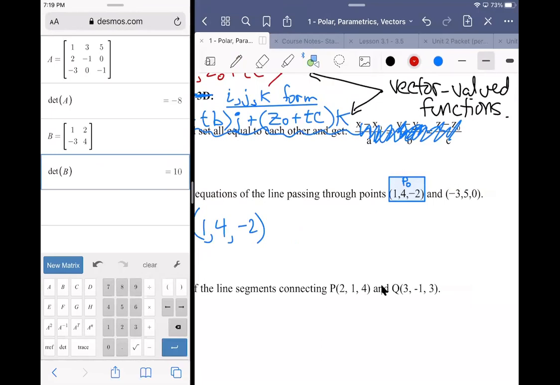So instead I'll call it p sub 1. So we're going to let ABC, vector v, be equal to the displacement between P0 and P1.